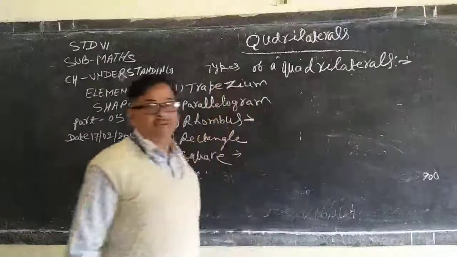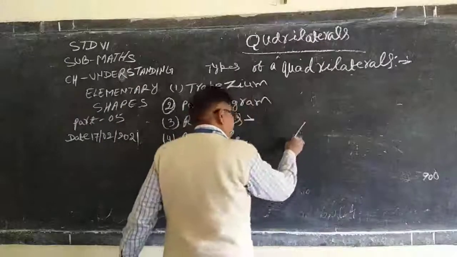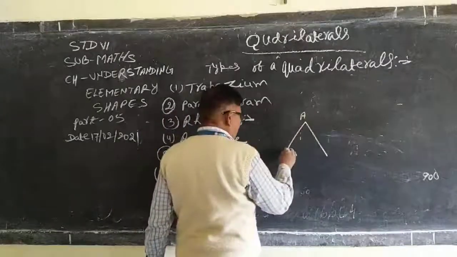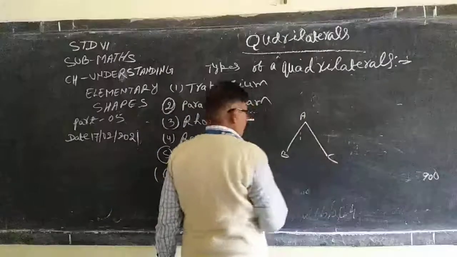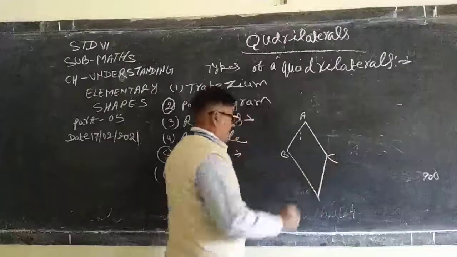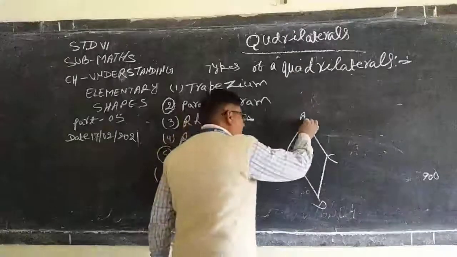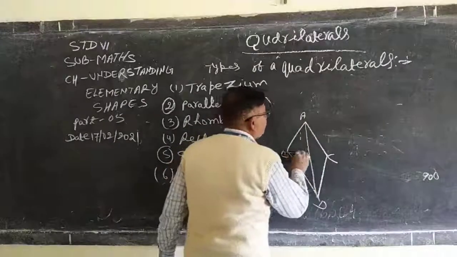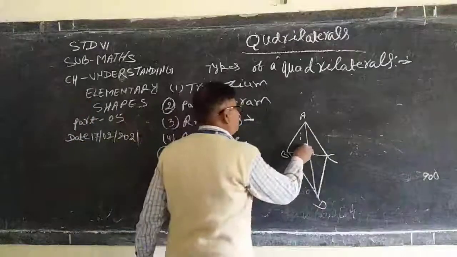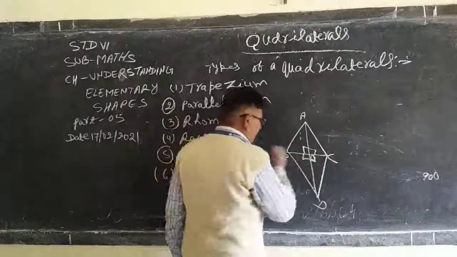Now kite. What is a kite? See this one. In this one, adjacent sides are equal. A, B and C. So adjacent sides are equal. This is called a diagonal, A to C and B to D. Now this one is also a perpendicular bisector.